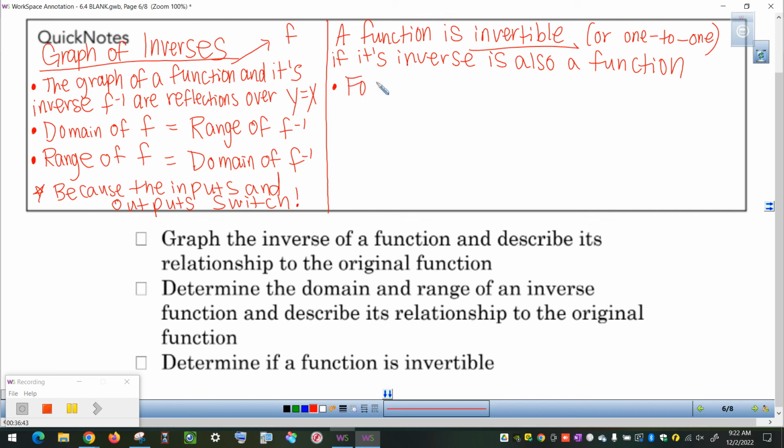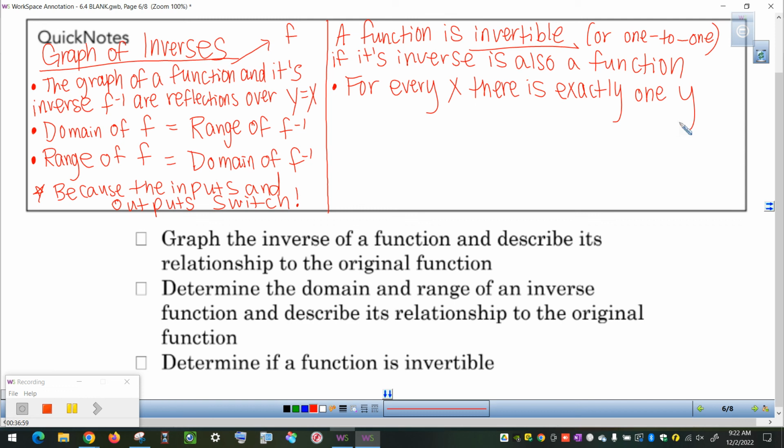So generally the definition for a function is that for every input, I'm just going to use an x there, so for every x value, there is exactly one y. That's what we're checking when we do the vertical line test.